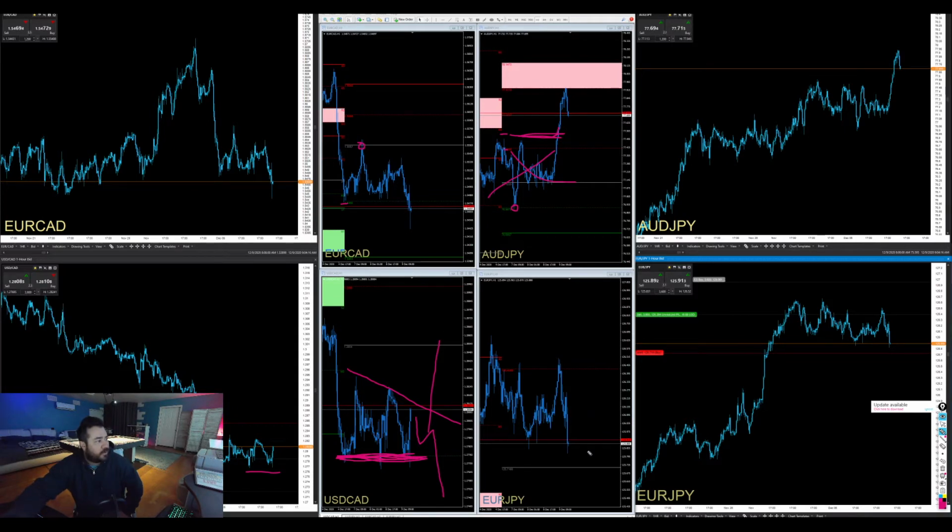The only thing I'm really in profit in right now is the euro yen, but we still haven't even hit central pivot yet. Looks like we're making a go for it now.